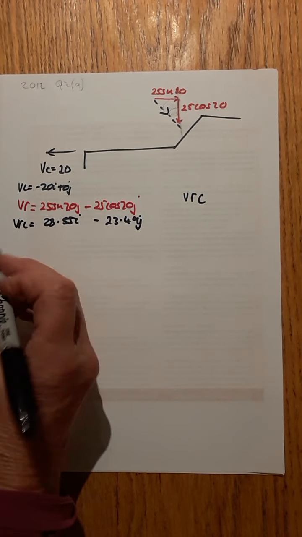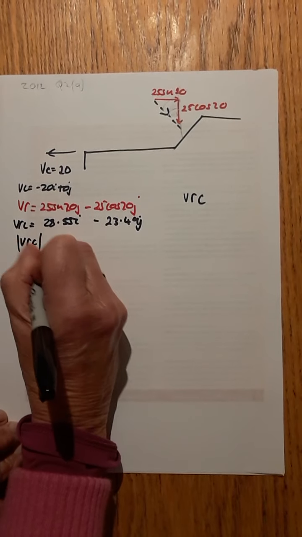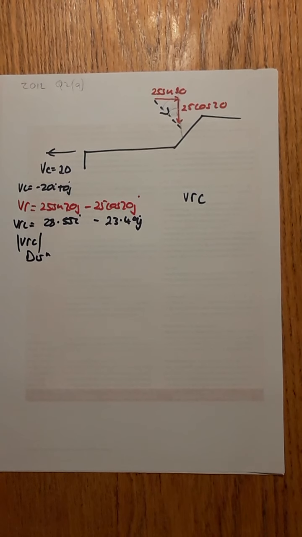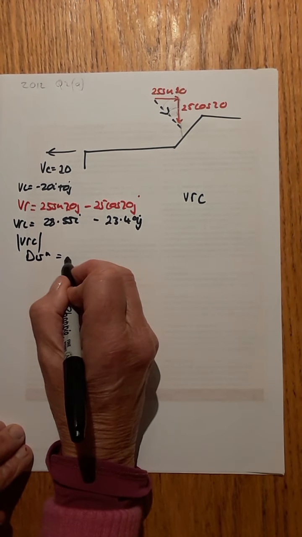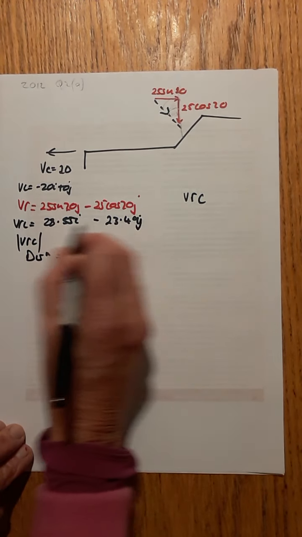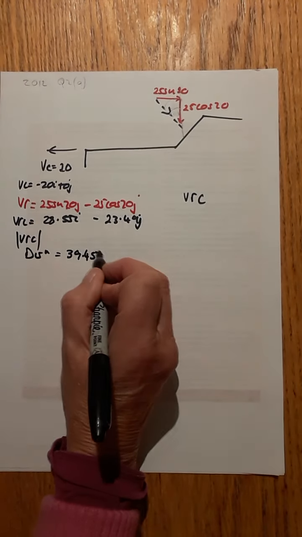Let's finish it off and get the speed, the VRC modulus, and the direction. The direction will be arctan of 23.49 divided by 28.55, and we end up with 39.45 degrees. So the direction of the rain relative to the car is 39.45 degrees.